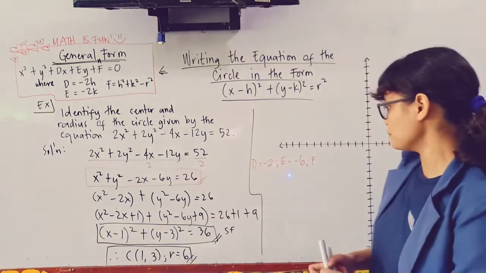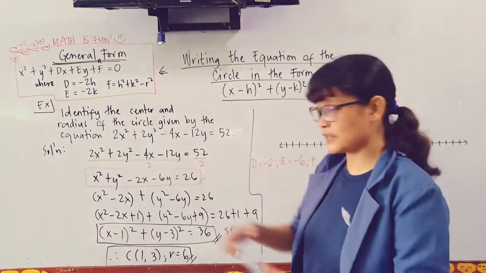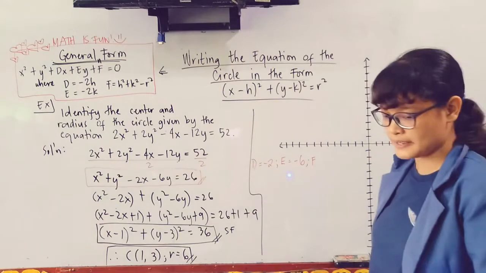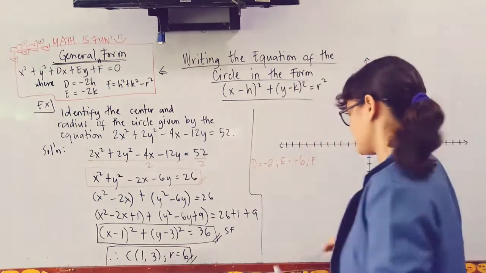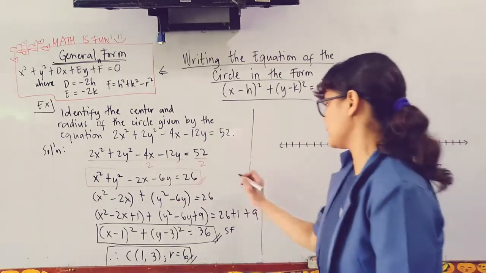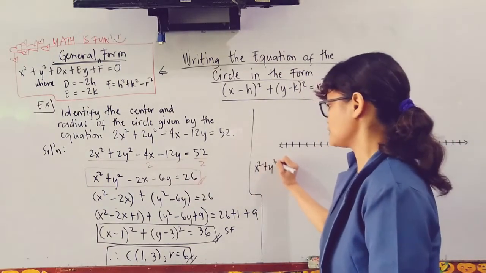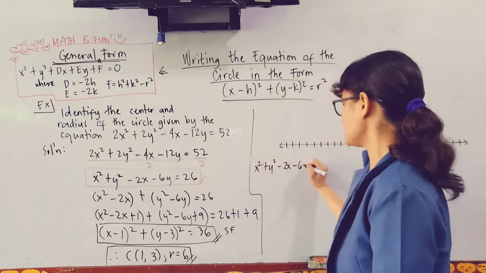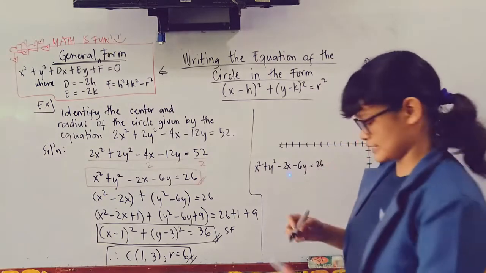So, all you have to do, syempre ililipat mo yan sa kabila dapat kung gusto mo maging general form. So, let me just write it first. Rewriting this one, you have x squared plus y squared minus 2x minus 6y equal to 26.